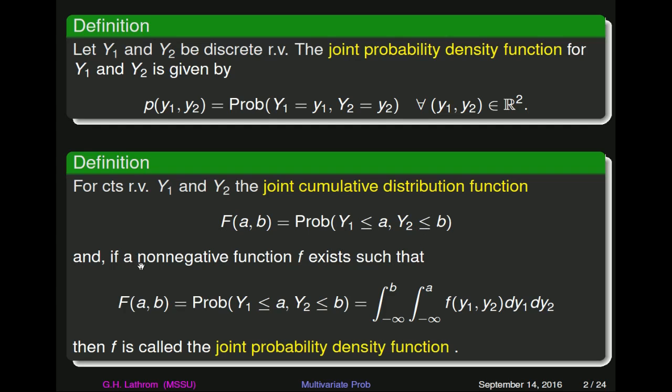Now, in the case that we've got a non-negative function, little f, and this little f allows us to write the cumulative distribution function as a double integral from minus infinity up to b and minus infinity up to a of little f of y sub 1 and y sub 2 dy sub 1 dy sub 2, then we call this little f the joint probability density function for y sub 1 and y sub 2.